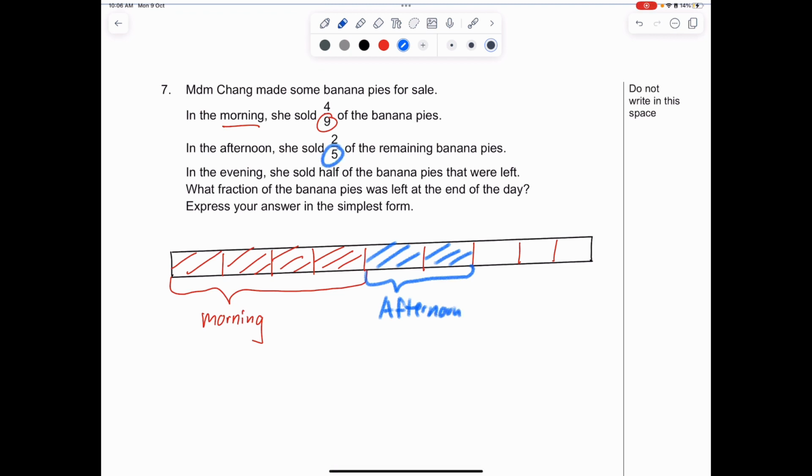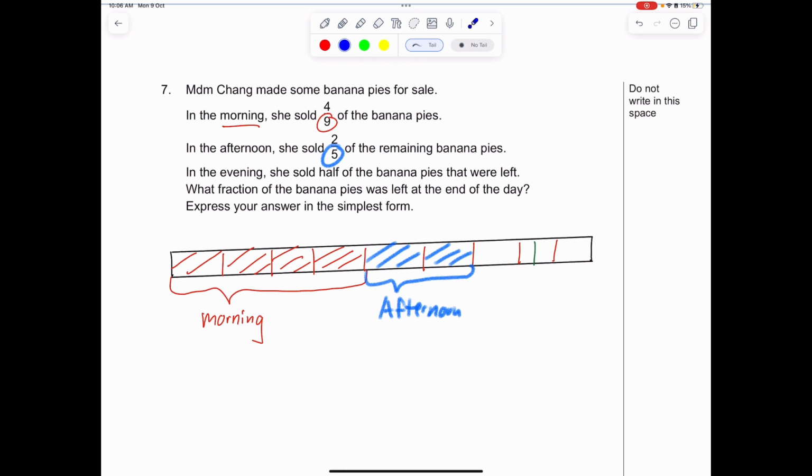And then the last one, she said she sold half of the banana pies in the evening. So in the evening, I'm going to use green. So what is half of 3 units left? So this is 1, 2, 3, right? But I need half. 1.5, very good. So to do that, I will need to divide this unit into half. But I cannot just divide that 1 unit into half, right?